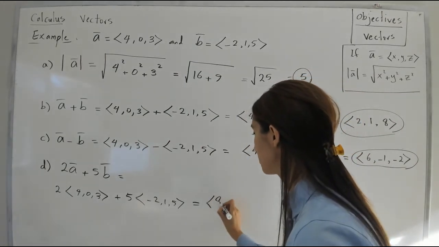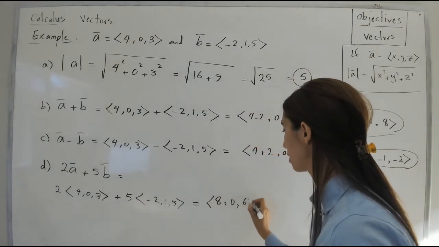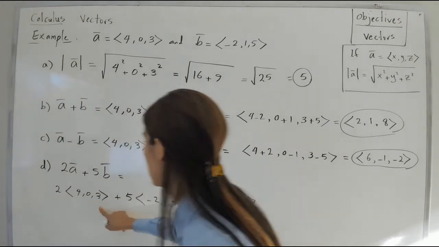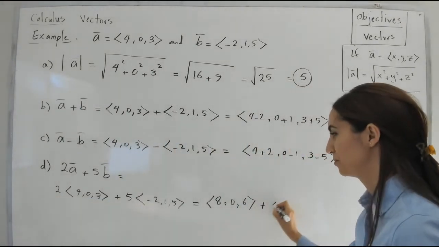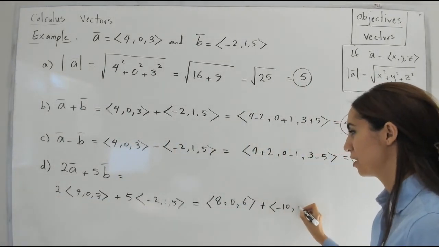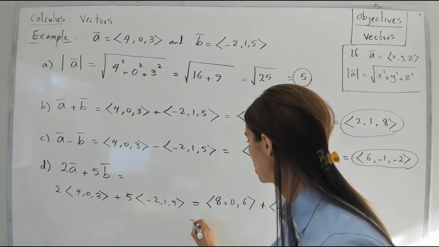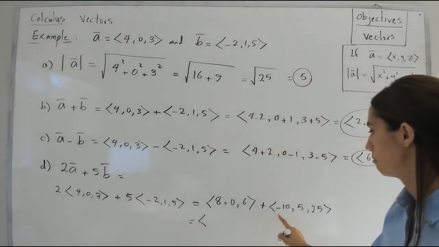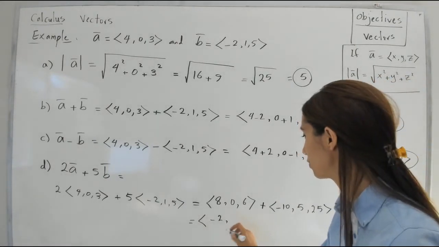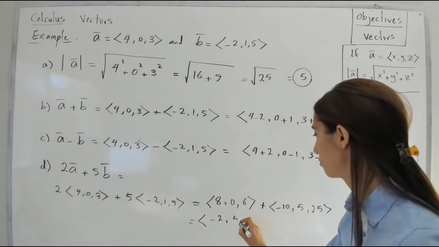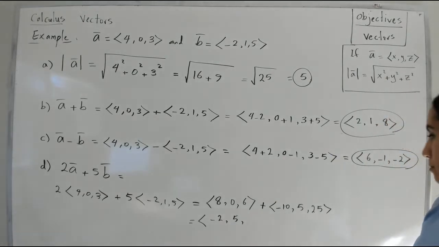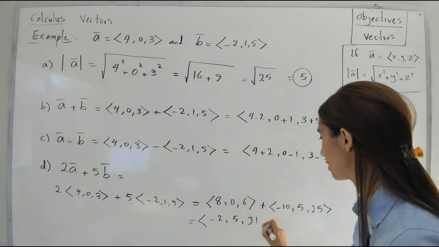Here we have 8, comma 0, comma 6, and then negative 10, 5, and 25, which is equal to, here we have 8 minus 10, negative 2, 0 plus 5, 5, and 6 plus 25, which is 31.